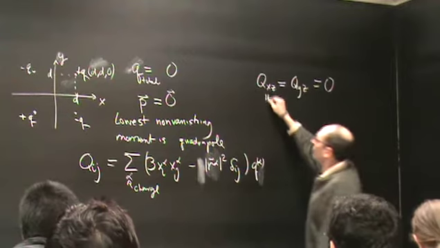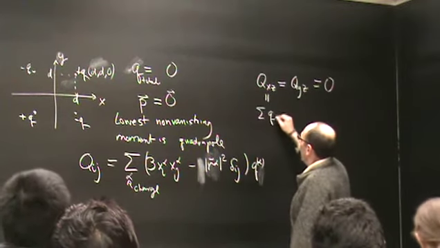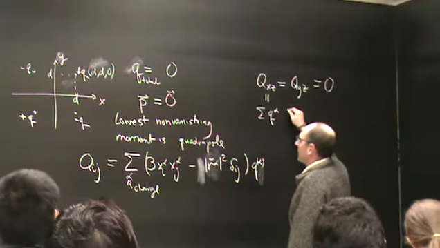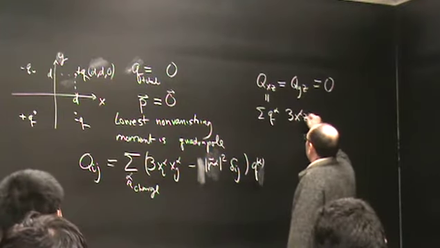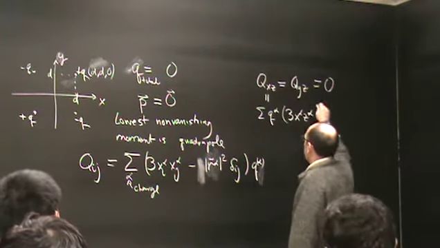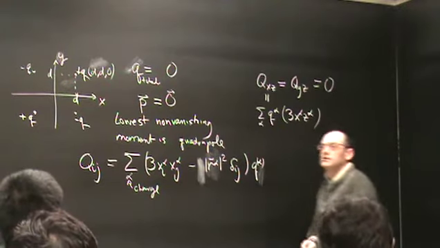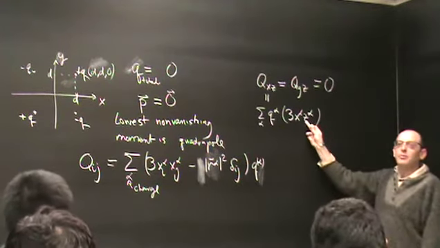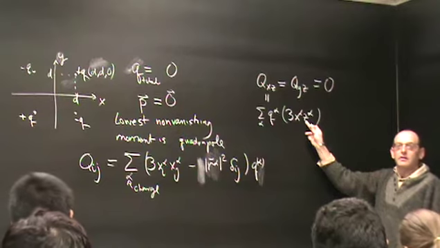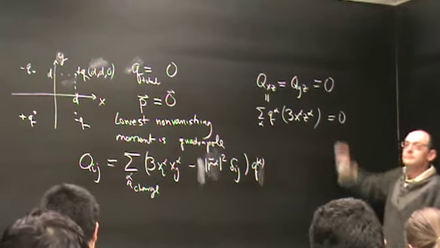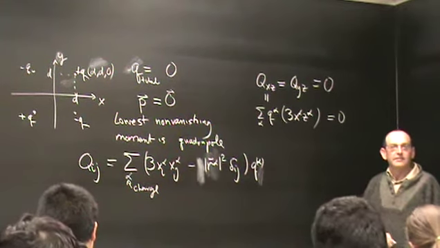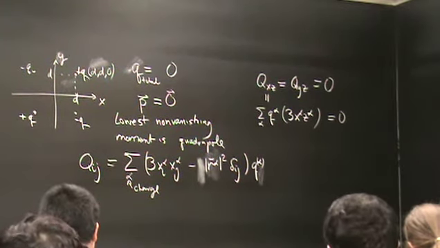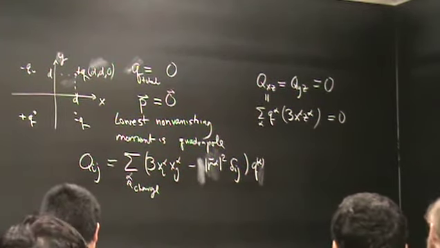This would be equal to just the q alpha times 3 x alpha z alpha for charge alpha. But they all have z equals 0. So this is 0. Is it clear how I did that? Okay. So that's true.